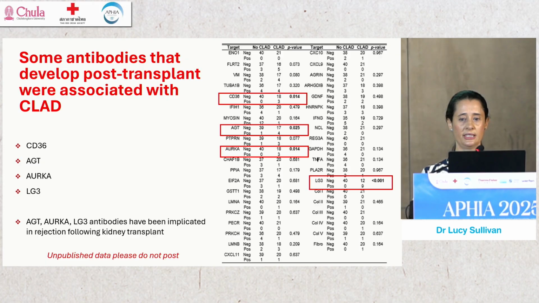Likewise, developing antibodies to several targets after transplant was also associated with rejection, with positivity of these targets at 12 months being independently associated with CLAD. And once again, there are a few of these targets that have been shown up in previous studies.